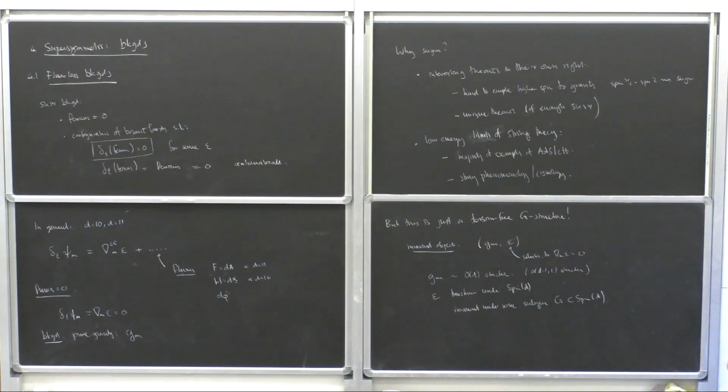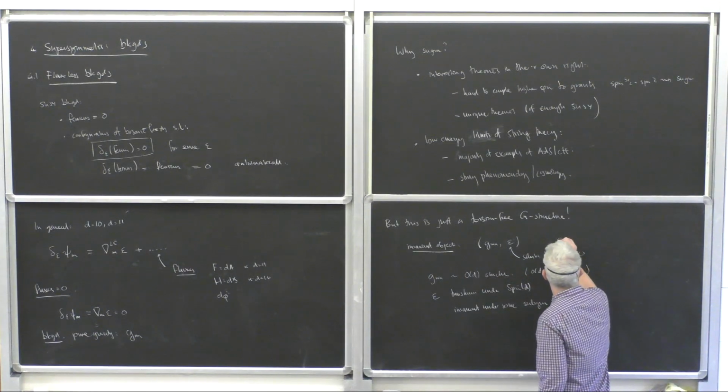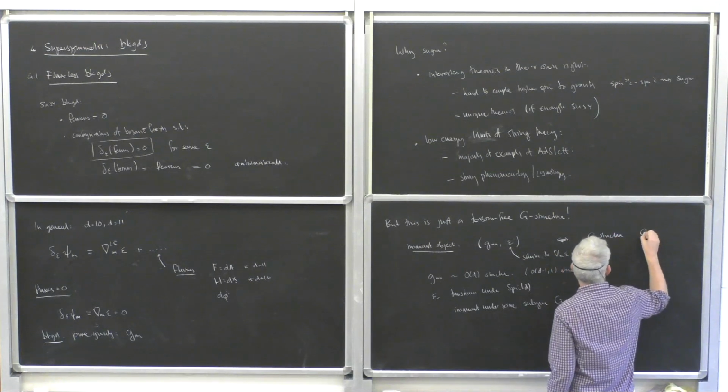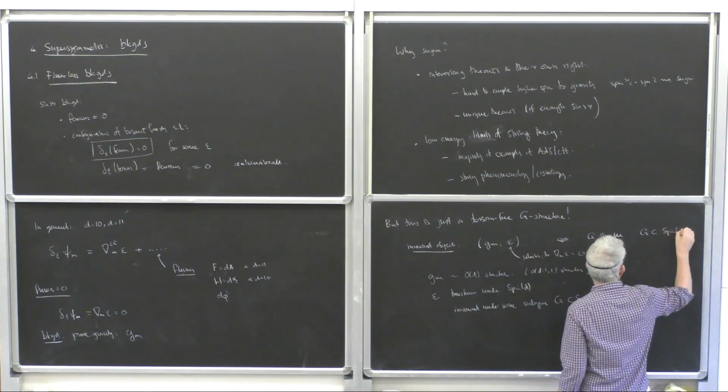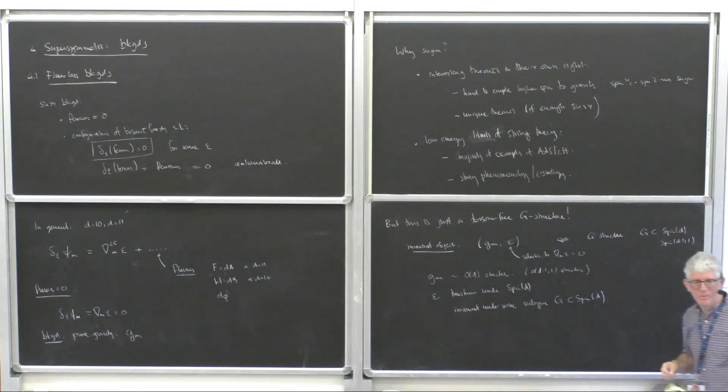If I have a particular epsilon, there'll be part of the spin group that leaves it invariant. So this is actually just equivalent to a G structure, where G is some subgroup of Spin(D), or if you want, Spin(D-1), depending on which signature I'm doing.